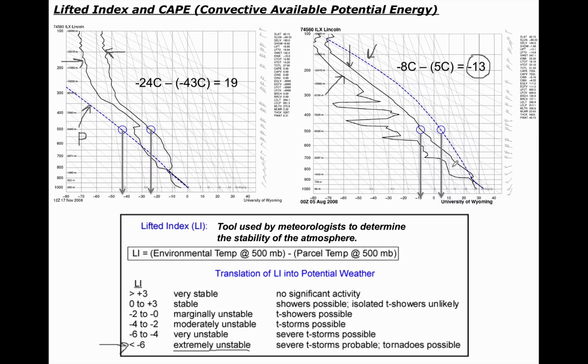I will never ever forget this day because not only was the lifted index so low, but we had an enormous amount of CAPE. Remember, that's the positive area between the parcel and its environment. Now, what does that mean? Well, on that day, CAPE values hit 7,000, and here's the unit, joules per kilogram. Now, don't worry about that unit too much. I just want you to hear this.